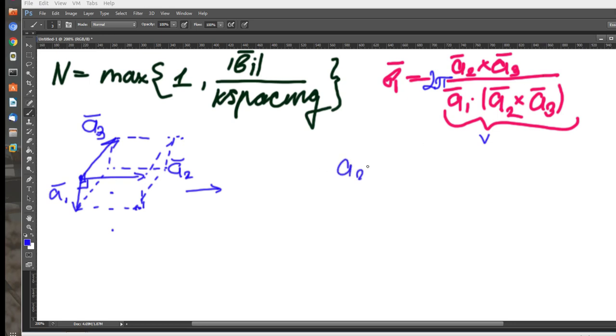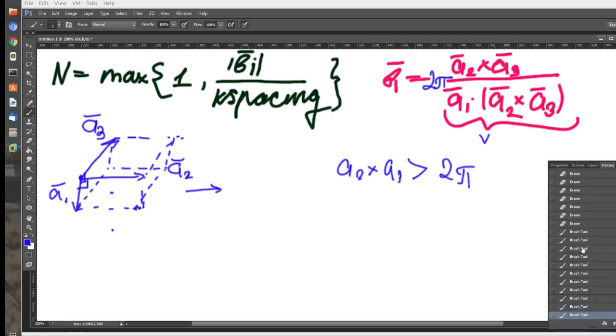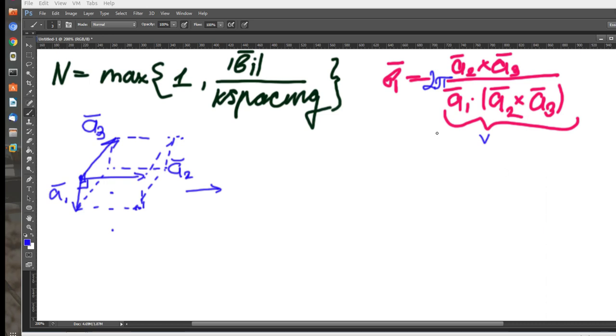So if a2 multiplied by a3 is larger than 2 pi, it will mean that actually a2 and a3 themselves don't make any sense because they roughly cancel each other here and here, but I will not do that because, well, I don't know, is it correct just to cancel them like that.